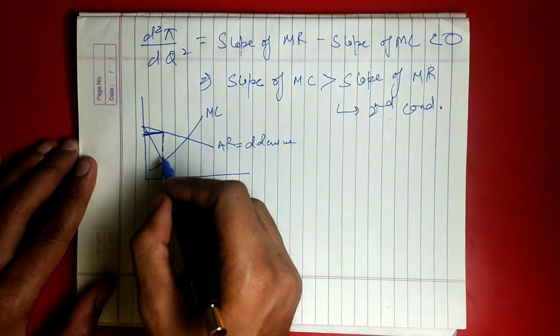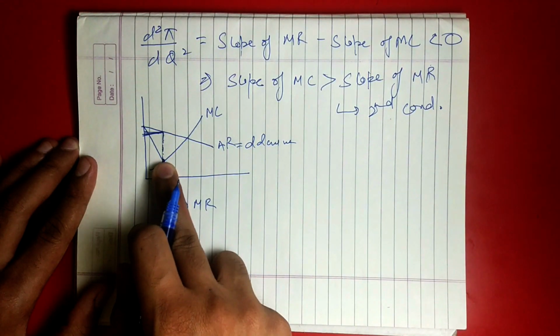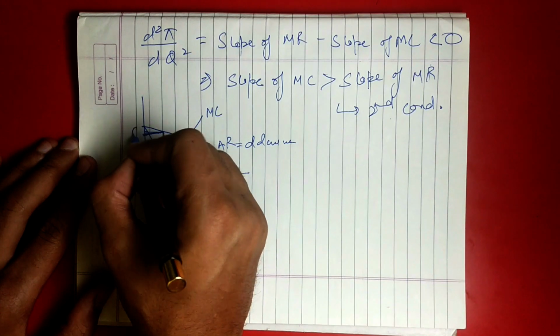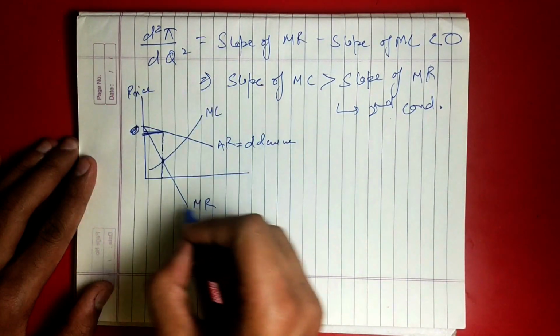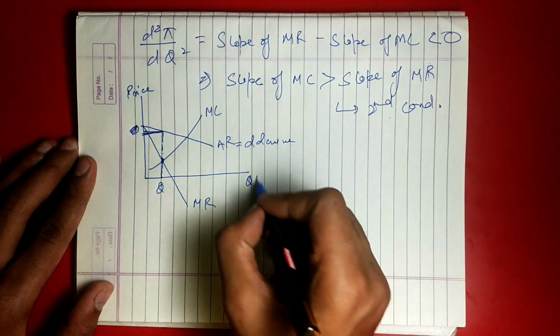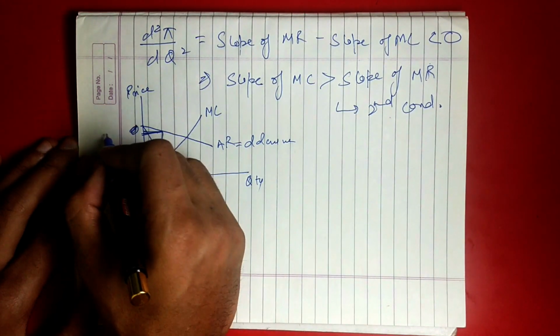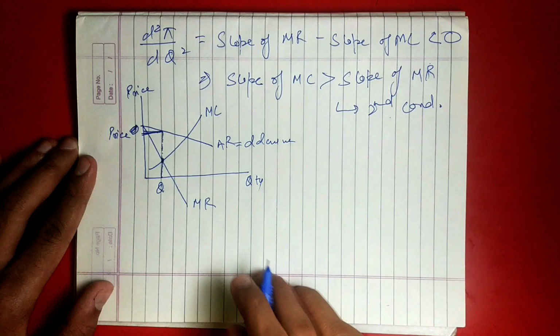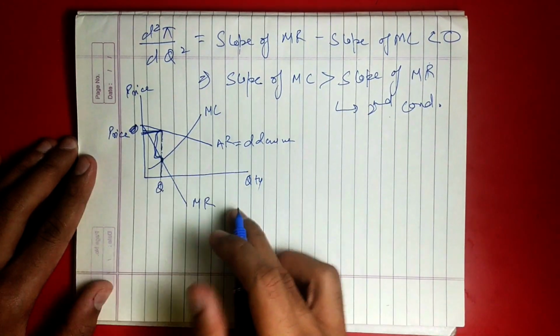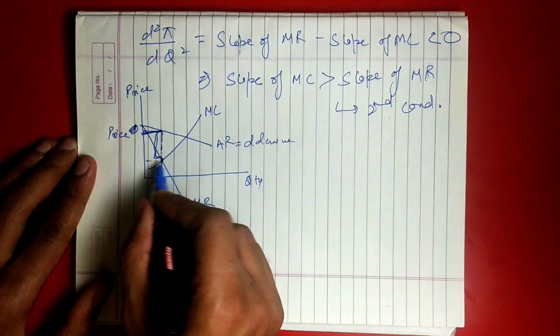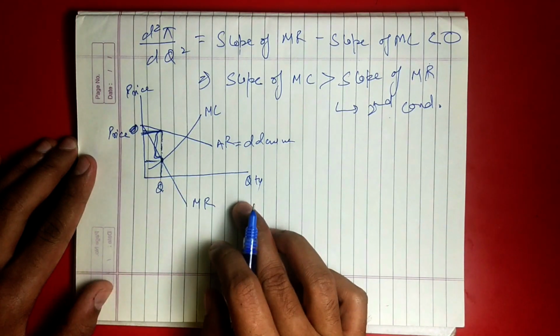So MC is equal to MR and corresponding to this point, the demand is this. So this is the price and this is the quantity. So the quantity is this and the price charged is this. So what you're seeing in between is that he is not selling at the social output which is beneficial to the society.